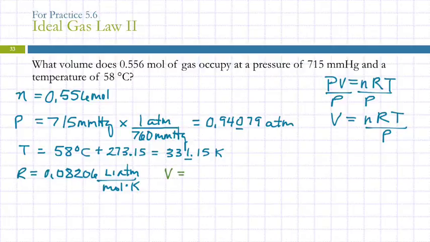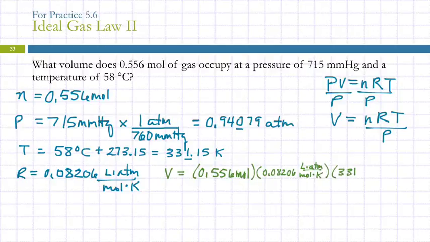So the volume equals n, 0.556 moles, times R, 0.08206 liters atmospheres per mole Kelvin, times the temperature, 331.15 Kelvin, and then divide that whole big old mess by the pressure, 0.94079 atmospheres.